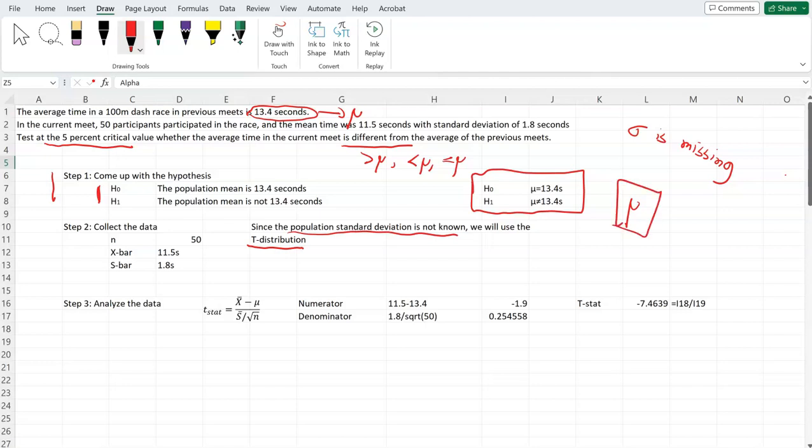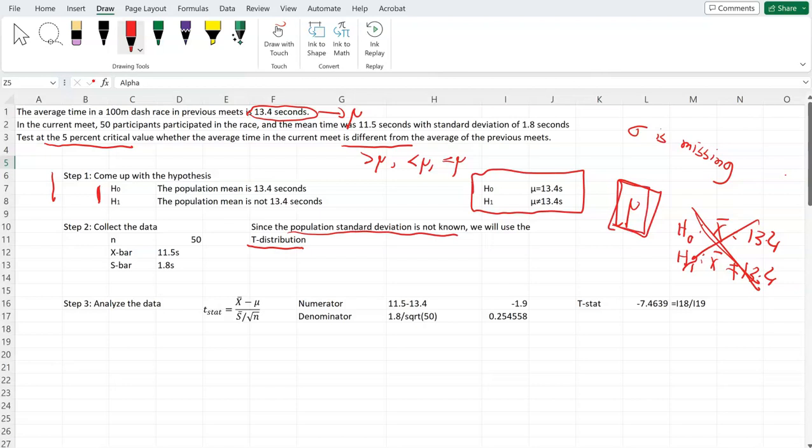If I actually wrote the null as x bar equals 13.4, and the alternate as x bar is not equal to 13.4, this statement would be wrong. We should not evaluate the hypothesis statement for x bar, the sample mean. We should always do it for the population mean.